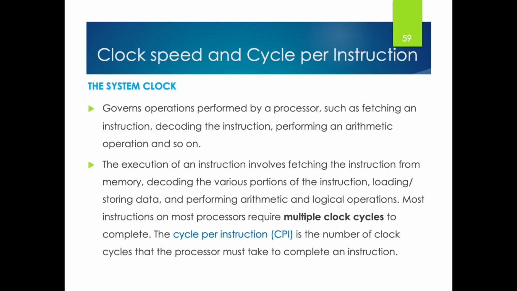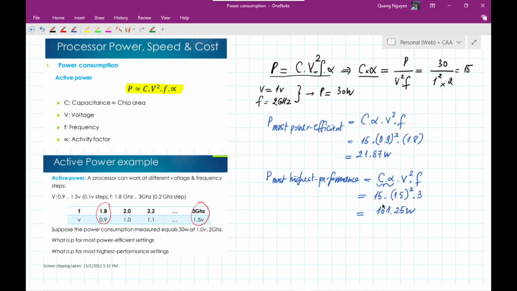Okay, now we'll talk about clock speed and cycles per instruction. About the system clock. The chips, or digital circuits in general, our computers are digital circuits in which we have the CPUs, the memories, the IOs, and many other components around. To make the digital circuit work, it will need a signal like this.